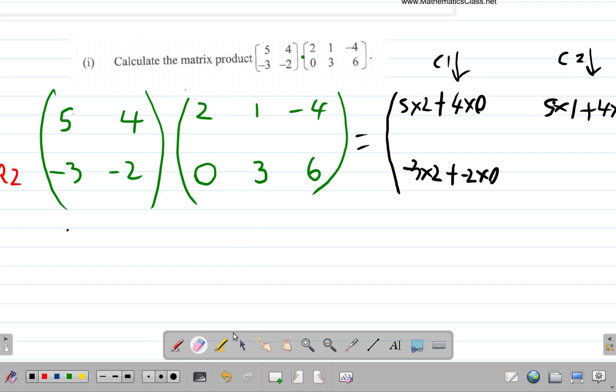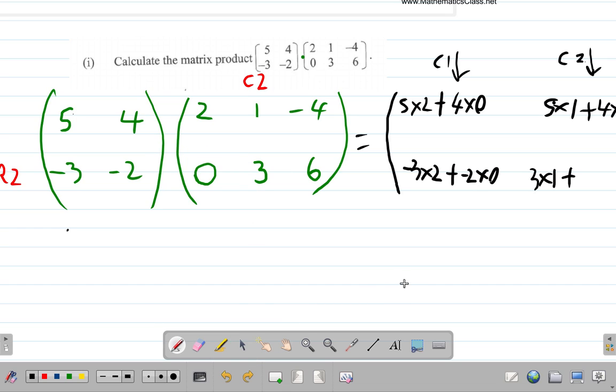Now, this is row 2 by column 2. First in row 2 by first in column 2, that's 3 times 1, plus second in row 2 by second in column 2.